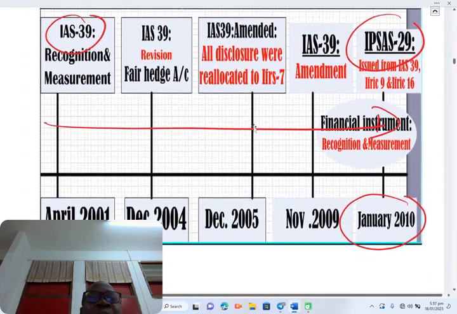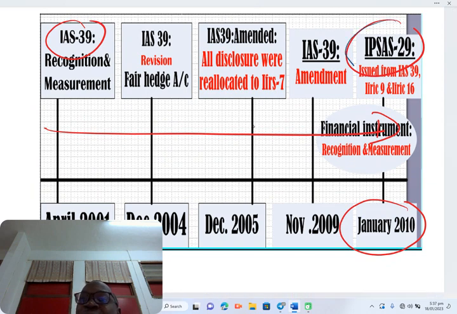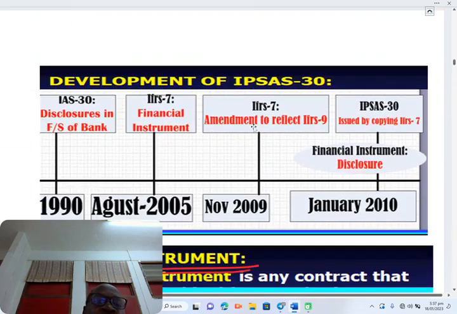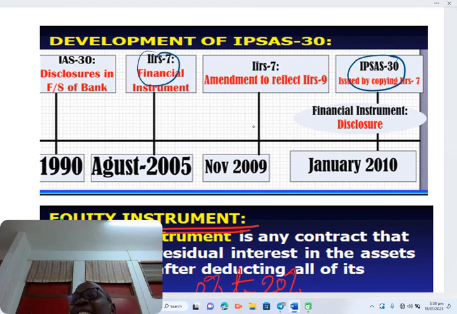Again, IAS 39 resulted into IPSAS 29. Do you remember it? Again, we have development of IFRS 7 to IPSAS 30.